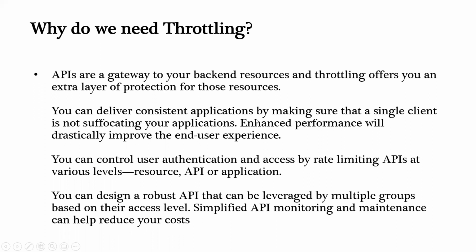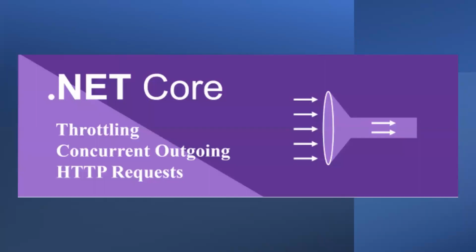So we need to have API throttling and configure it from the API itself. This is really going to enhance application security, and at the same time drastically improve the user experience, because it is taking a break after reaching the specified rate limit, and then it freshly starts executing the requests coming from the client.